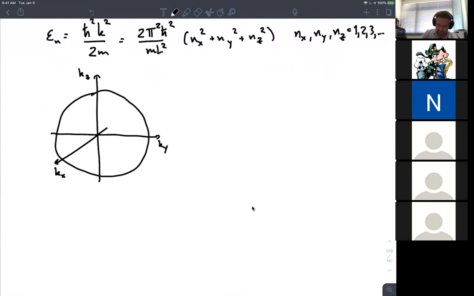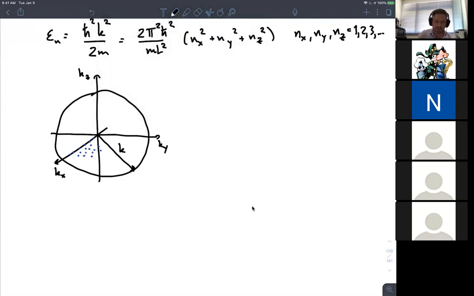Right, so we have a sphere with constant radius K, and all the states that live on that sphere are states that are accessible to us at a given energy. Just exactly as we talked about on Wednesday, the difference now is that our available states form a regular grid, which I'm not going to try to draw in any detail.